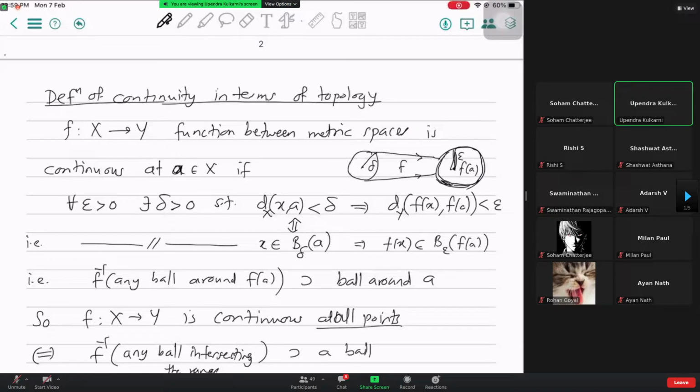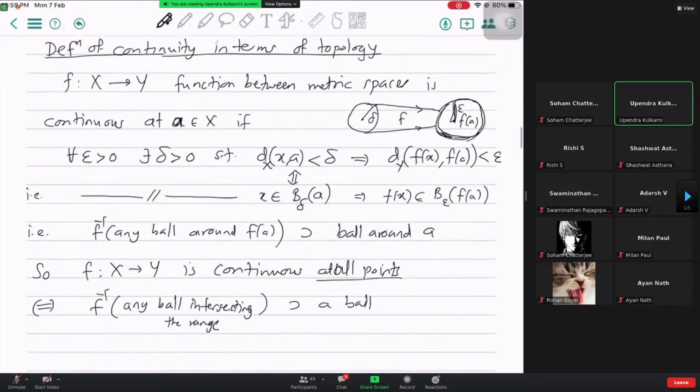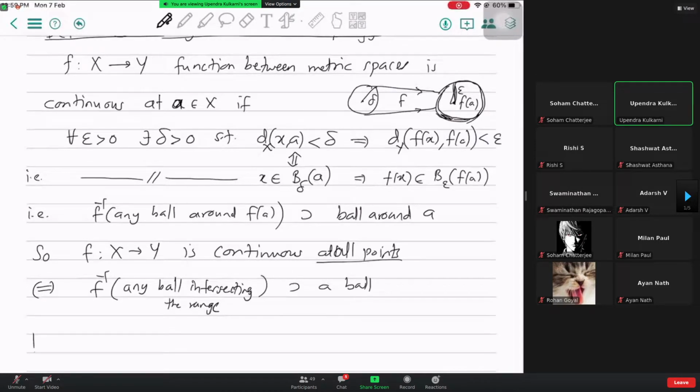And so I will get a ball around that point by continuity. So this formulation starts becoming awkward. But now here comes a slight exclamation mark. What is continuity then at the limit points, which are not in the domain? Okay, let's come to that later. But right now, I just want to say this in terms of open sets.